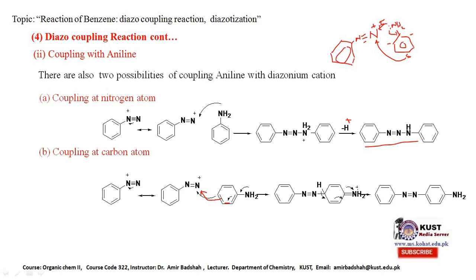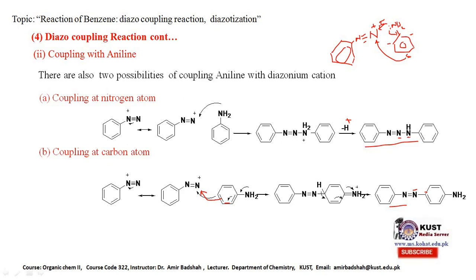Here the positive charge vanishes by shifting of the electrons to the NH2 group and we get an azo compound. So here coupling takes place between what? Between the nitrogen and the carbon of the ring. And here coupling takes place between the nitrogen of the diazo group and the nitrogen of the aniline.